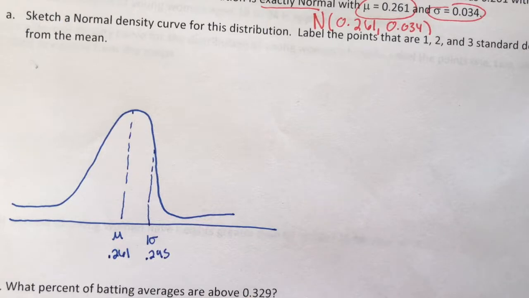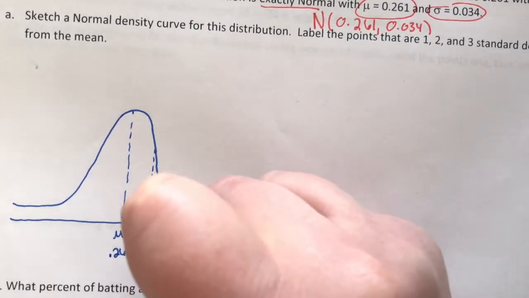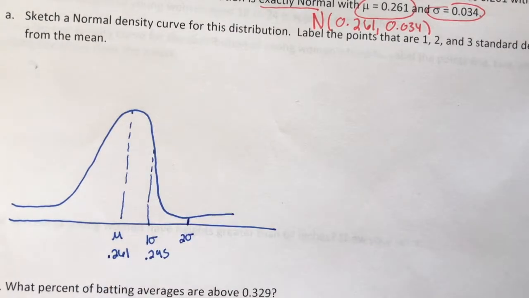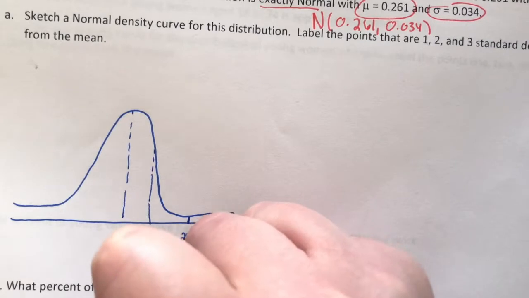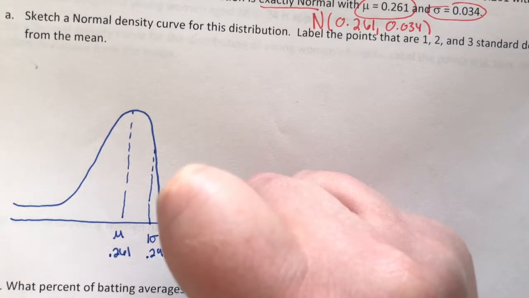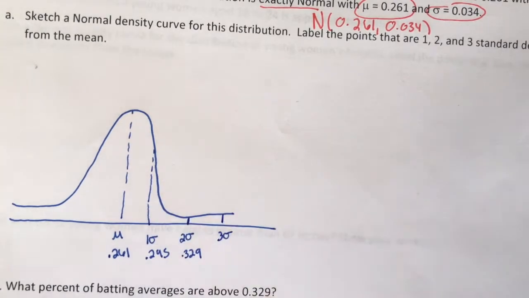And then we're going to go out about another standard deviation to mark where 2 would be. So it'll be somewhere out here, 2 standard deviations, and we're going to add another standard deviation to that, 0.034. And when we do that, that should be 0.329. And then at 3 standard deviations, we're going to add that again, and it's going to be 0.363.